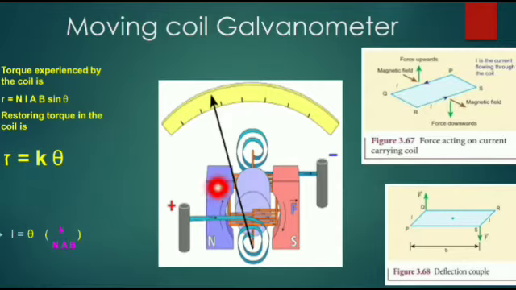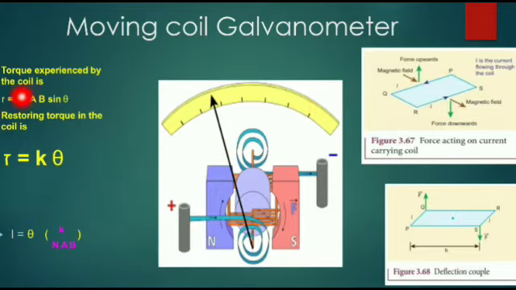The same one: this is the core, this is the spring, this is the coil. The spring is attached to a needle. When the current flows to the coil, torque will be experienced, the spring goes in one direction, and due to this the needle shows deflection, right?